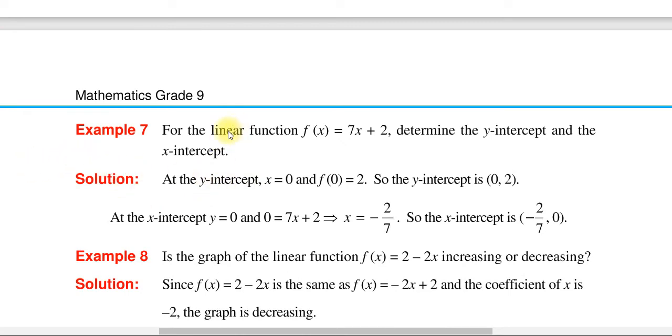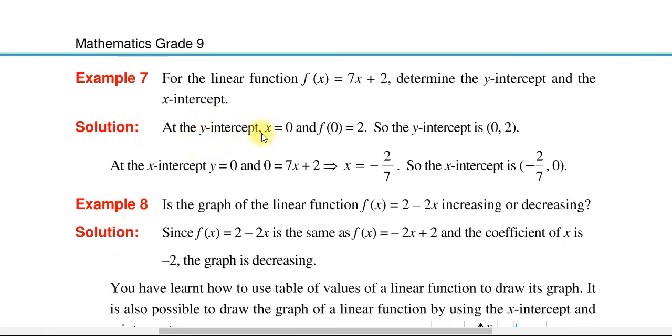So for example, for the linear function f of x equal to 7x plus 2, determine the y-intercept and the x-intercept. At the y-intercept x equal to 0 and f of 0 is equal to 2. So the y-intercept is (0, 2).